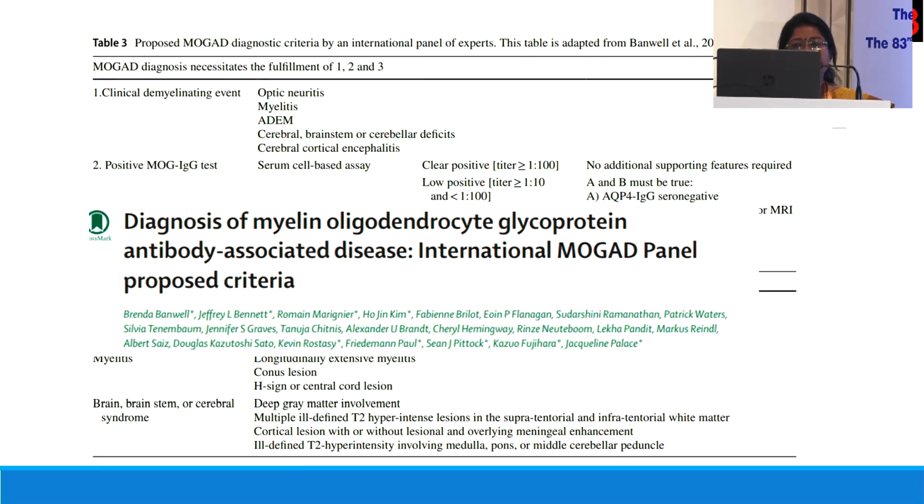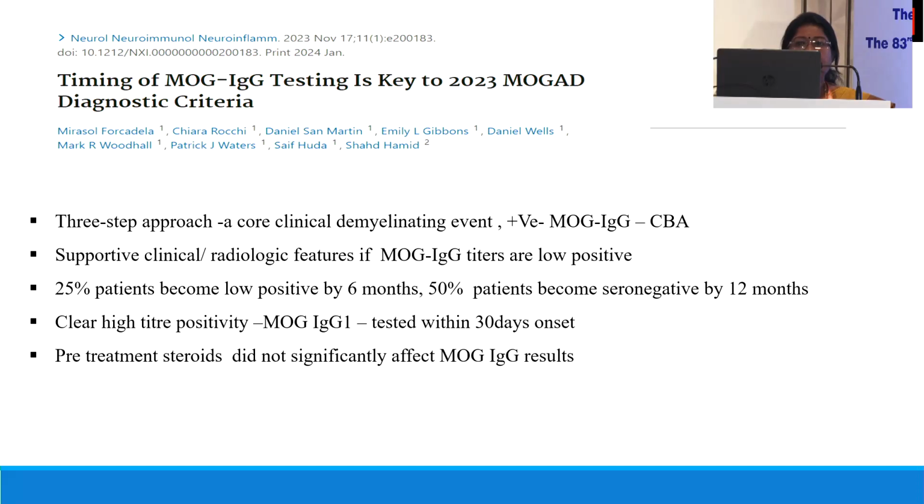And regarding the timing of the MOG testing, this particular study has said that although we follow this three-step approach of having the core clinical and the supportive evidence and a positive cell-based assay MOG titers, sometimes we may have clinical and radiological features suggestive of a MOGAD, but the titers may be low.